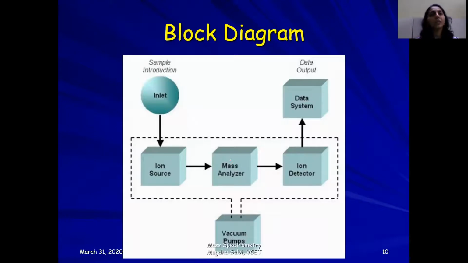Another question could be to explain any one type of mass spectrometer, or a specific question asking you to explain either the time of flight mass spectrometer, or the magnetic type, or the quadrupole type of mass spectrometer. Then you would have to draw the block diagram for that individual mass spectrometer.